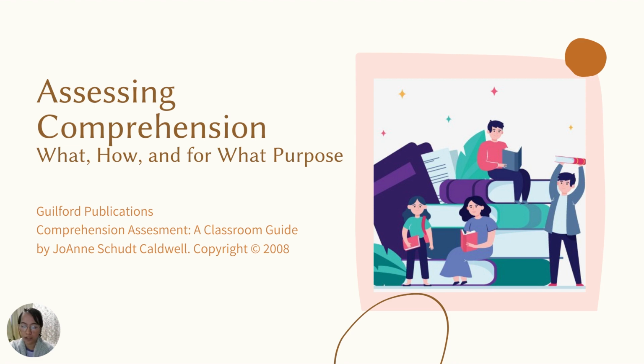According to Joanne Schrute Caldwell, comprehension is an extremely complex entity. So none of us can really pinpoint the exact way to go about assessing comprehension. But this should not be an excuse for poor teaching performance, nor a consideration for having a poor assessment result. Comprehension is the ability to interpret information in one's own words, and application entails applying learned content to new situations.